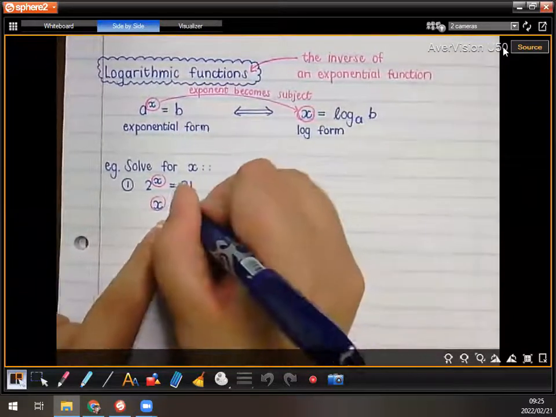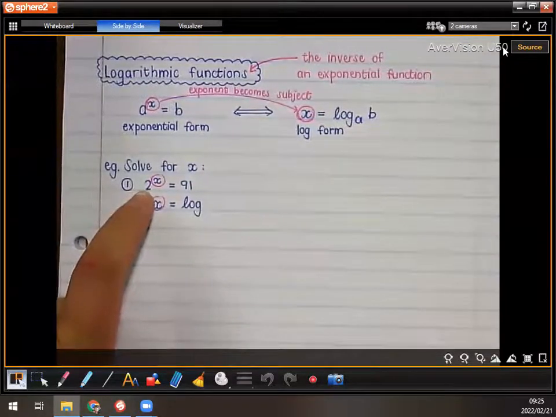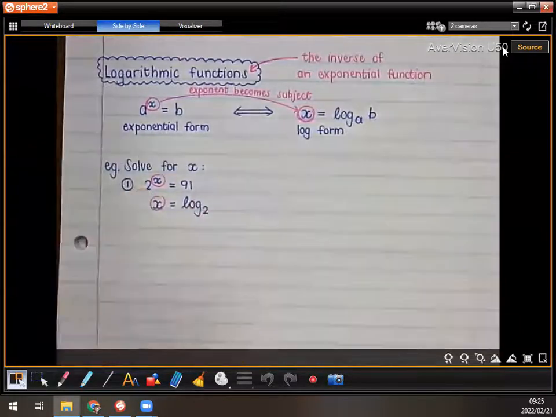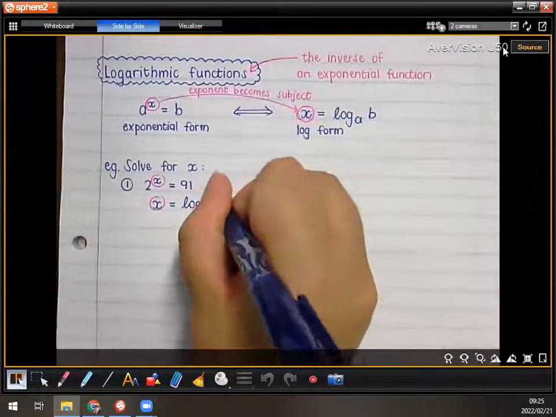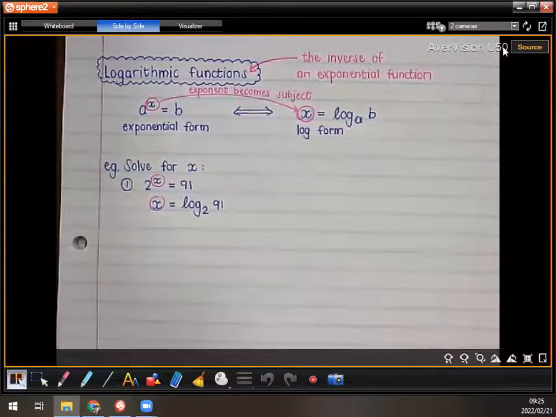All right, so then you're going to say log. What is the base of the exponent in the original equation? 2. So that becomes the base of the log. And what is the other number that we have? 91. You're going to just need to get your calculators out quickly so I can show you how to work that out.